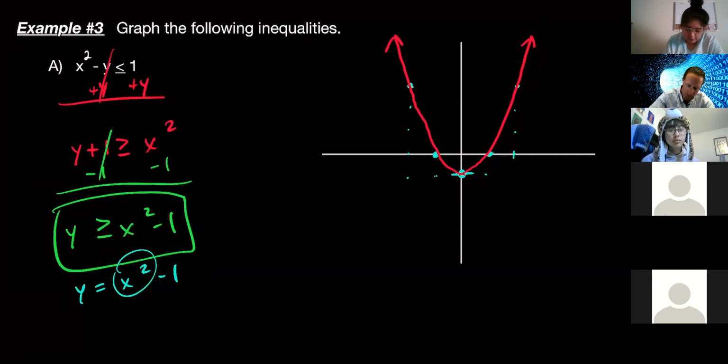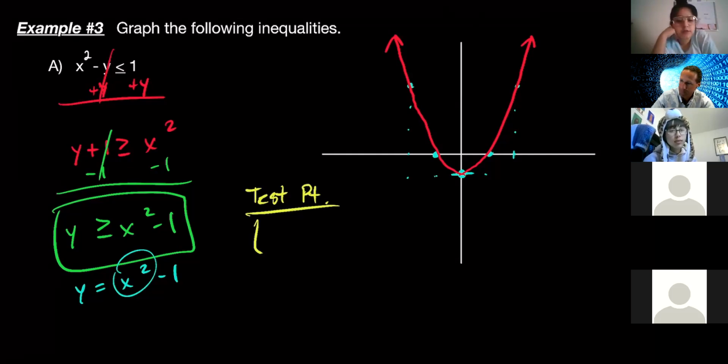But how do I tell about the greater than parts? Because out here, the x is greater, but up here, the y is greater. Right? Remember, all we got to do is? Plug in a point. That's right. Choose a test point. And what is my favorite test point? 0, 0.